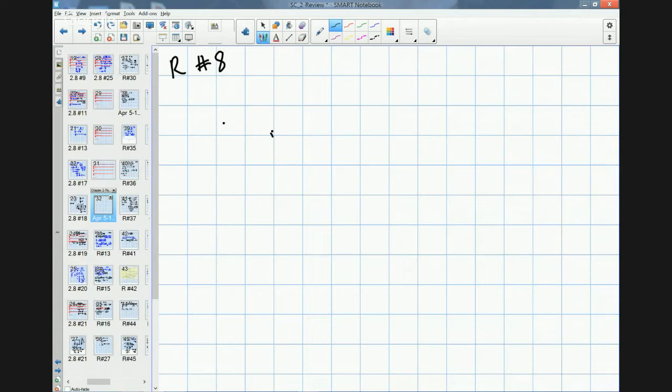It says 2 whitewater rafters leave a campsite simultaneously and start downstream. Their distances from the campsite are given by S equals f of t and S equals g of t. So 2 different people, 2 different graphs. One's in gray and one's in black.